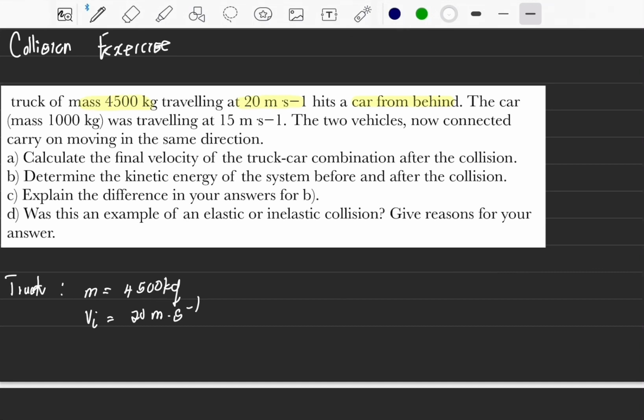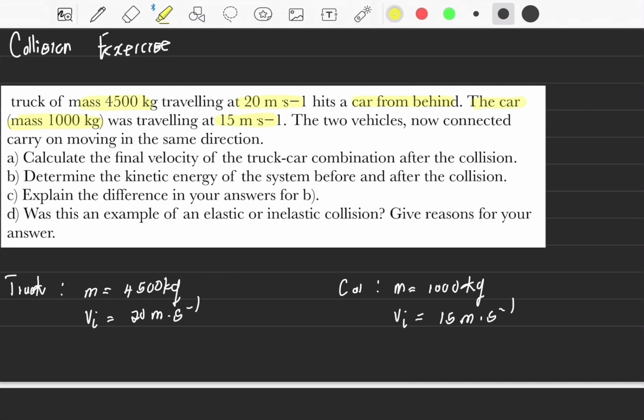And then I'm also going to write the information that I was given again. It says that the car has a mass of 1,000 kilograms and was traveling at 15 meters per second. So I'm just going to write the information about the car and say car, its mass is 1,000 kilograms and its velocity is equal to 15 meters per second.